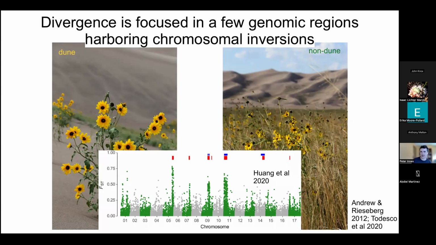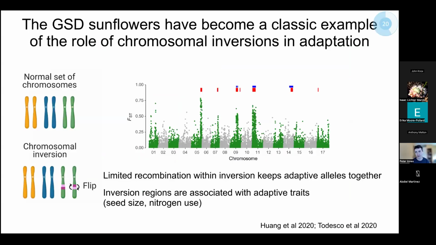And this system has become a classic example for the role of chromosomal inversions in adaptation because they limit recombination within the inversions, and that keeps adaptive alleles together. And in this case, those inversions have been shown to be associated with traits like seed size as well as nitrogen use. And the blue blocks there show some of those QTL regions.